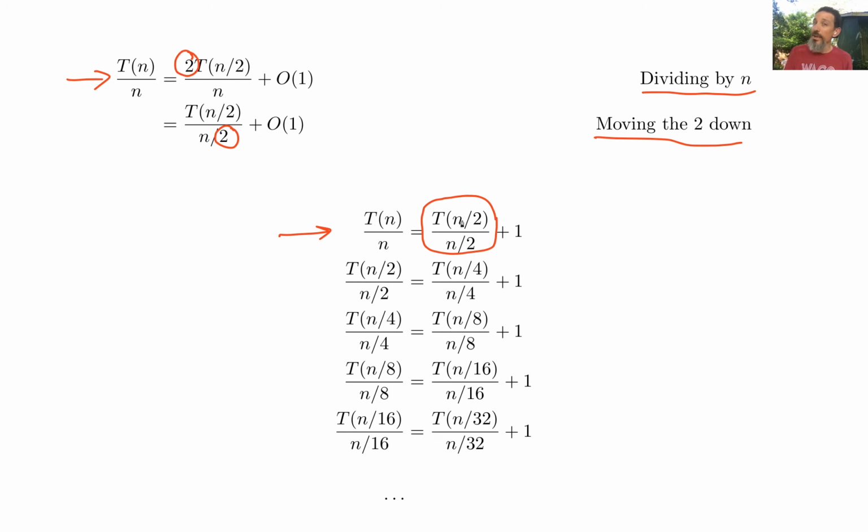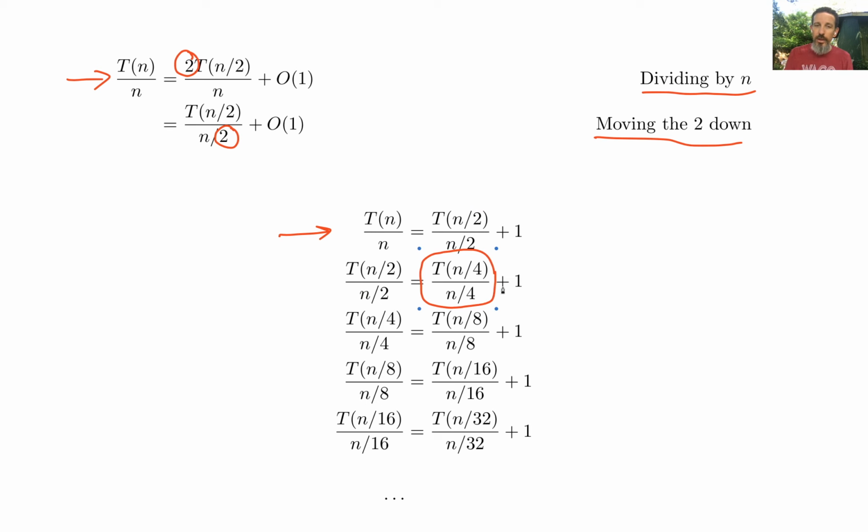But we do have a definition for T(n), a recursive definition. In fact, it's defined right here. And so we could take this and move it down here, right? And that is defined as the time to run for an array of size n/2 divided by n/2, which is exactly equal to this portion, T(n/4)/(n/4) plus 1.